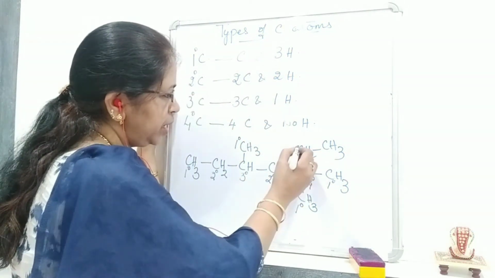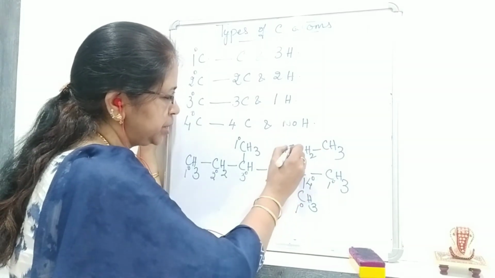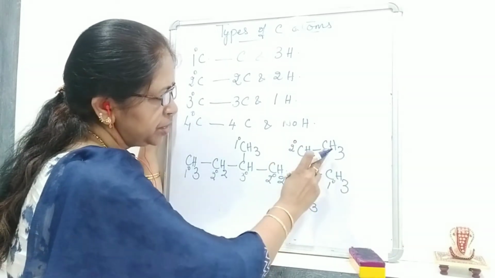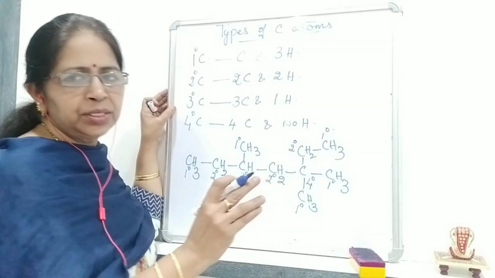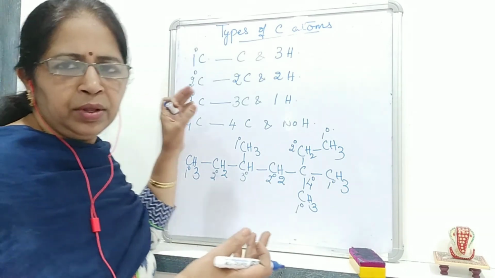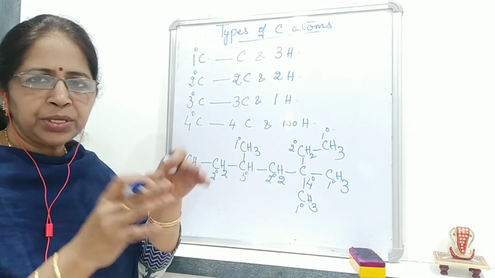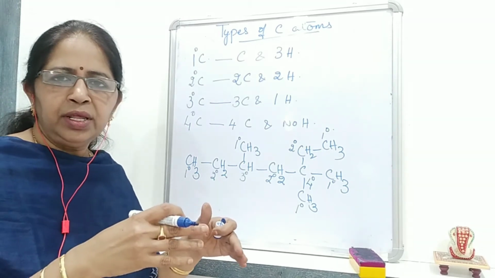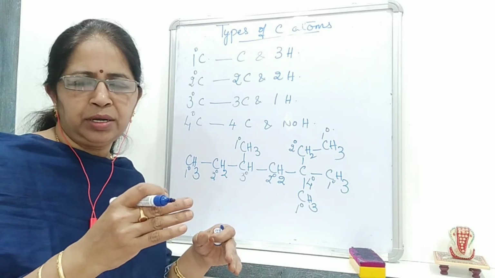This carbon is attached to two other carbon atoms, so it is a secondary carbon, and this carbon is a primary carbon. So like this we have to see how many carbon atoms are present around a carbon. Based on that we have to classify whether that carbon is a primary, secondary, tertiary or quaternary carbon atom.